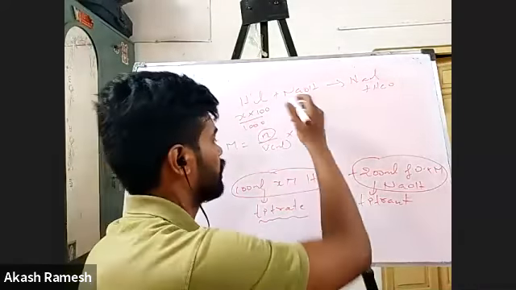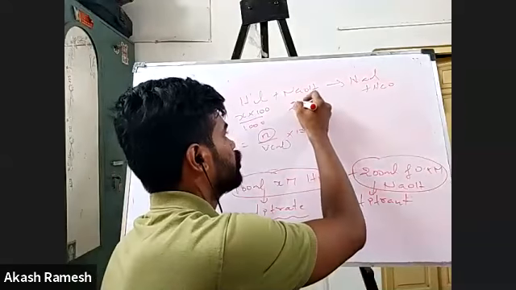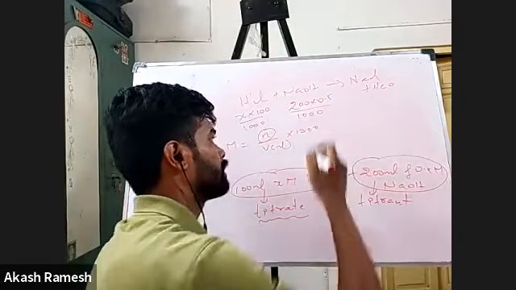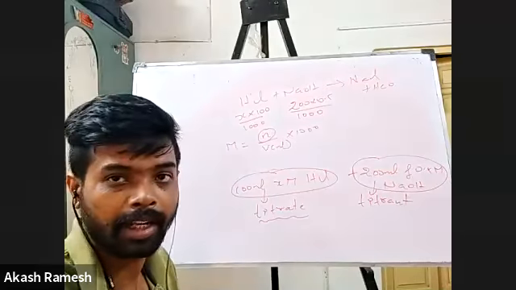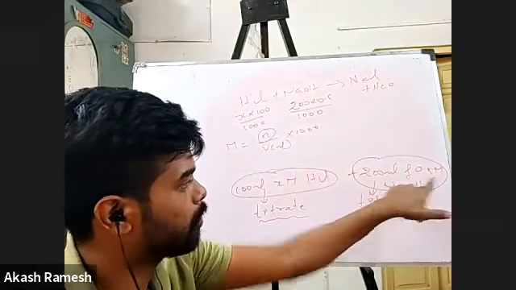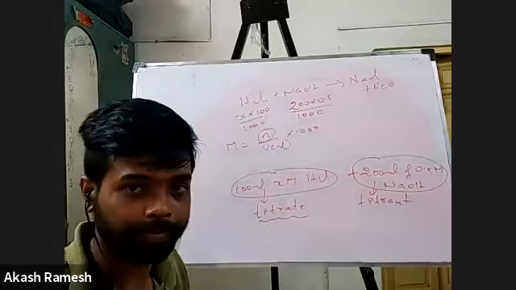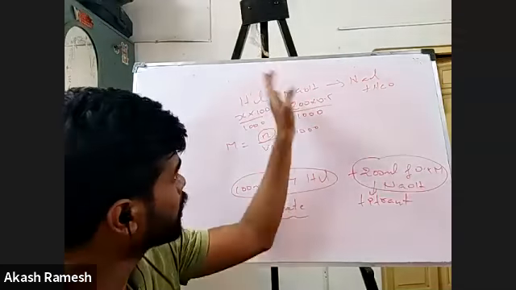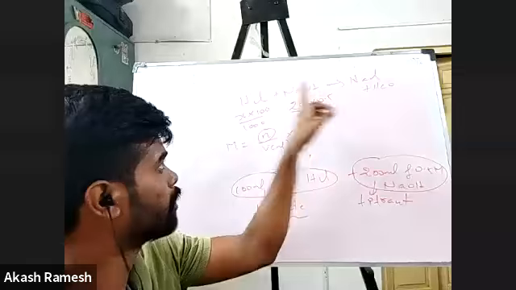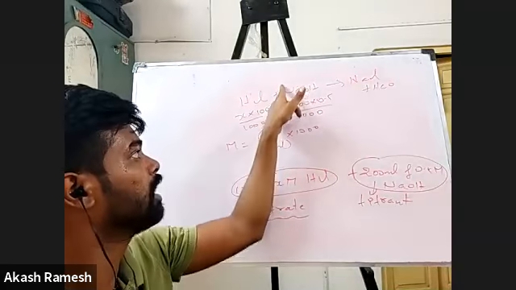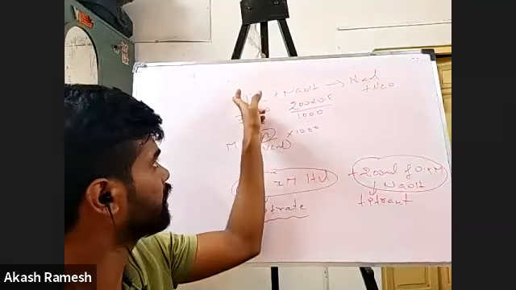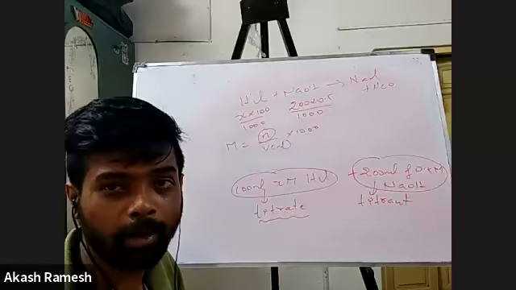Correct? Okay. Now for NaOH, it will be 200 into 0.5, which is the molarity, divided by 1000. Correct? 200 is the volume, molarity is 0.5, divided by 1000. This will be the number of moles of NaOH, right? Now, according to stoichiometry, for 1 mole of HCl, I require 1 mole of NaOH, right?